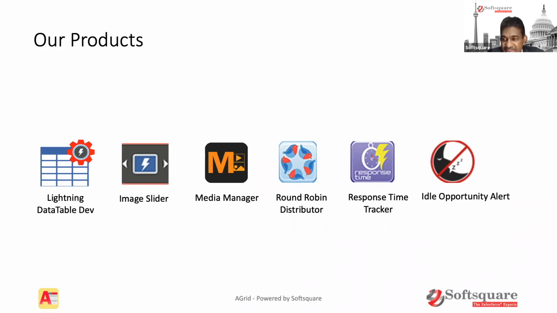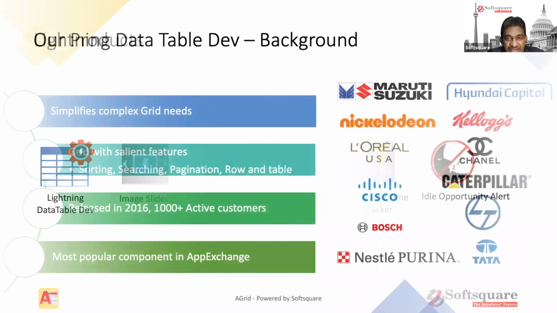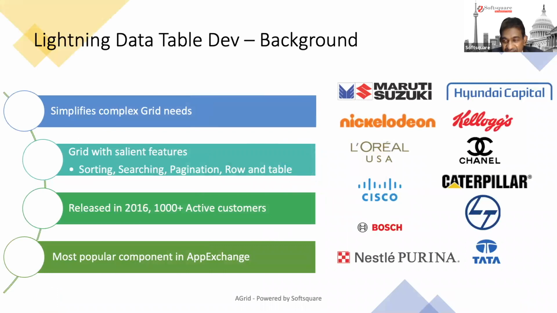And next slide, please. So this slide gives you an idea of what Lightning Data Table Dev was all about. We released it at a moment when Salesforce didn't have a grid product. Even today they have a grid product, but it's one among thousands of components that Salesforce sells. So we have a differentiating product with about 1,000 active customers, but this is a dev-friendly product.